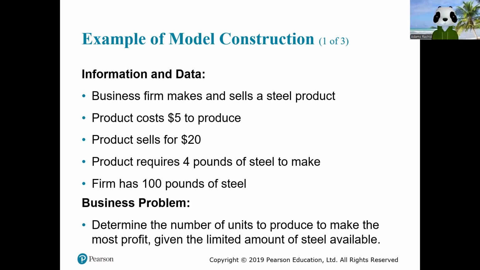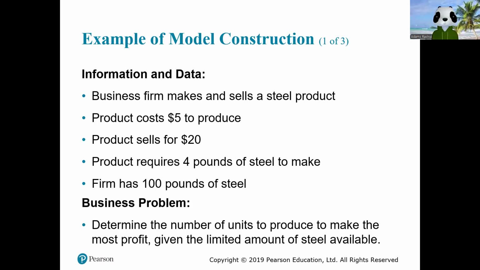Now, he knows that he's only limited to 100 pounds of steel, but he needs 4 pounds of steel to produce 1 unit. So he has a problem. So when we are writing this problem, we say maximize this, subject to a constraint.